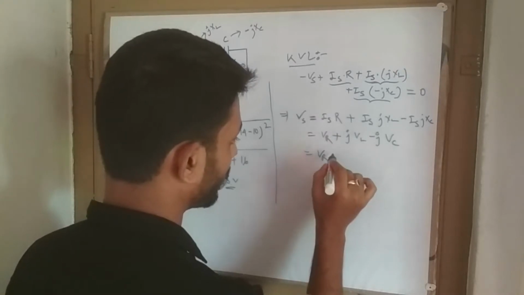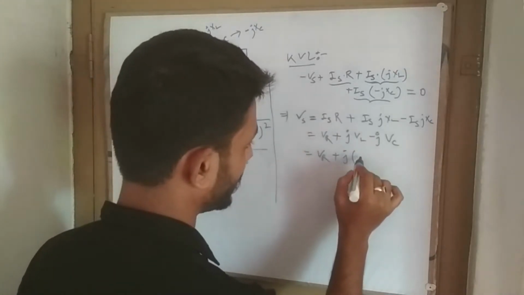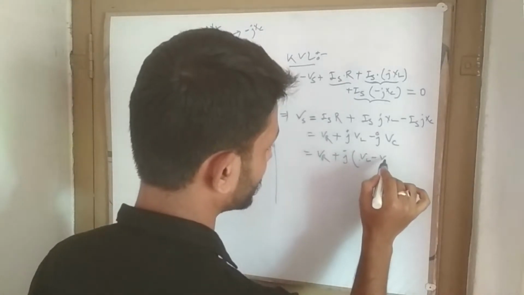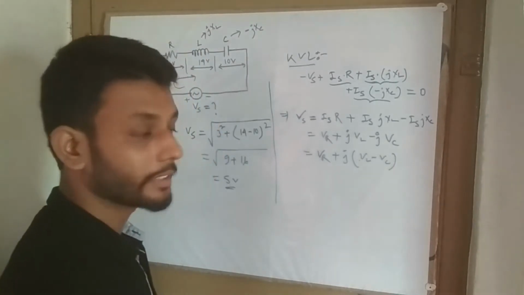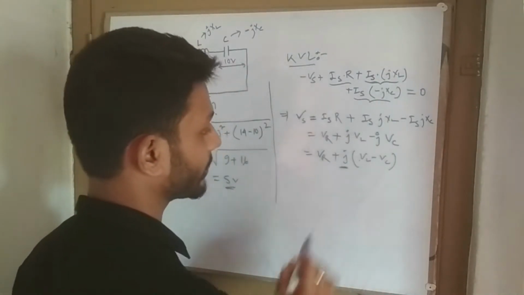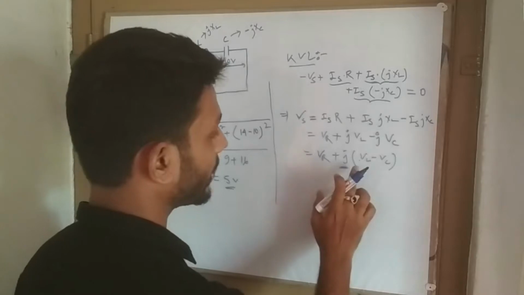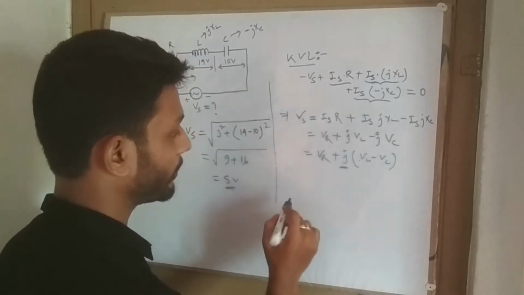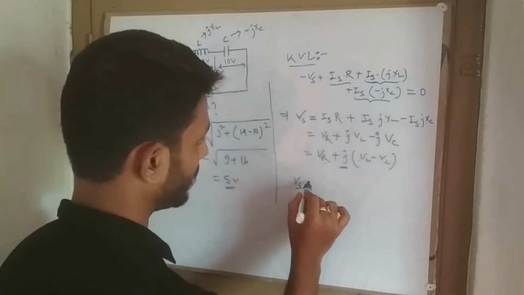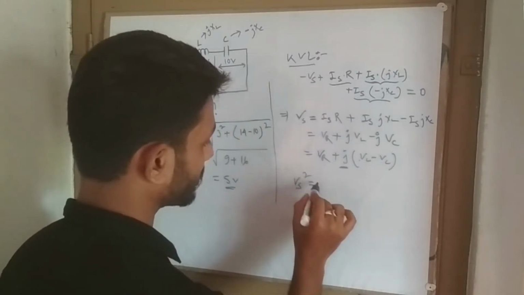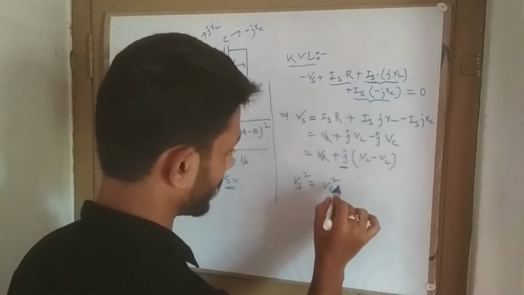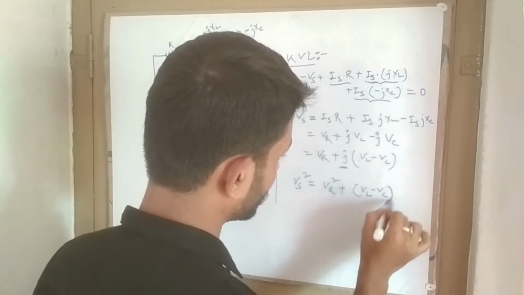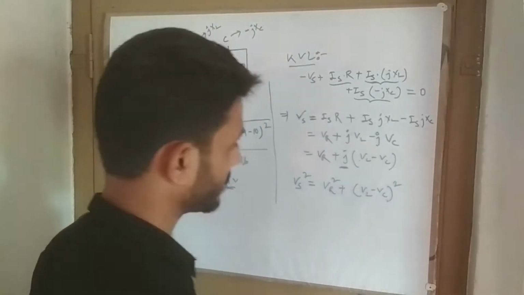So if we take common the j term, then it will become VL minus VC. Okay, here j term is there, so we cannot add VR with VL minus VC. So we have to take this value in this way. Vs square will be equal to VR square plus VL minus VC whole square.